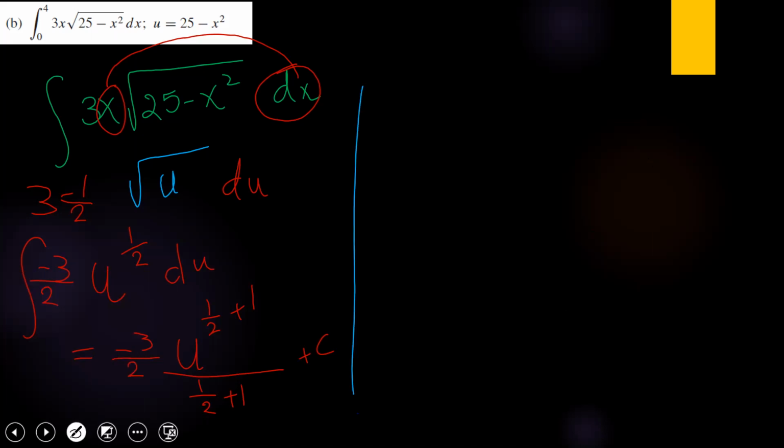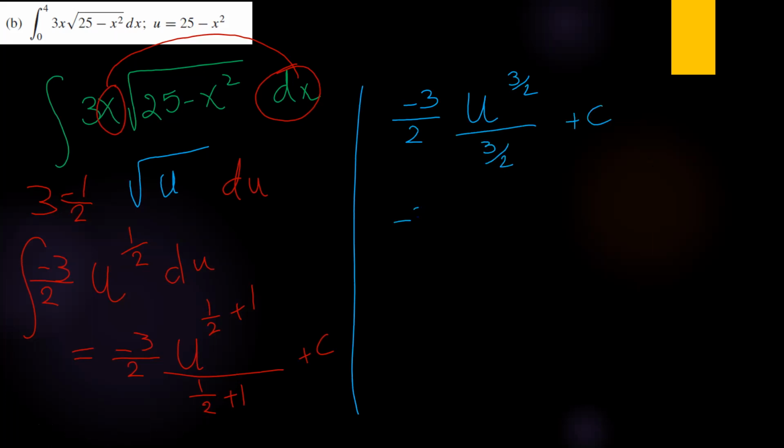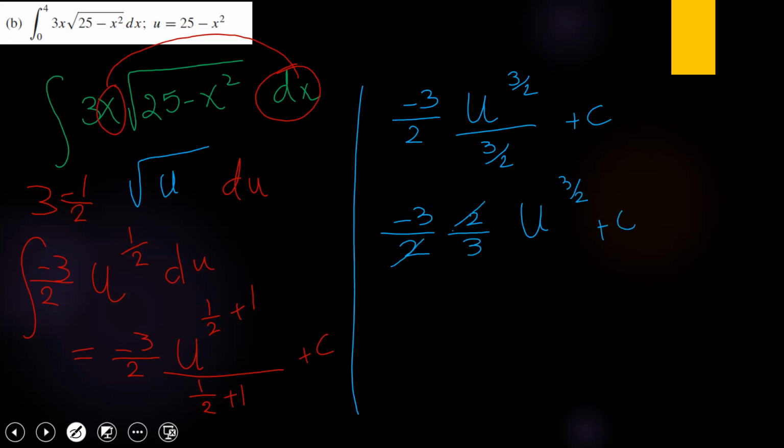Now let's evaluate here. We have negative 3 over 2 u to the power 3 over 2 over 3 over 2 plus c. So negative 3 over 2 times 2 over 3 times u to the power 3 over 2 plus c.